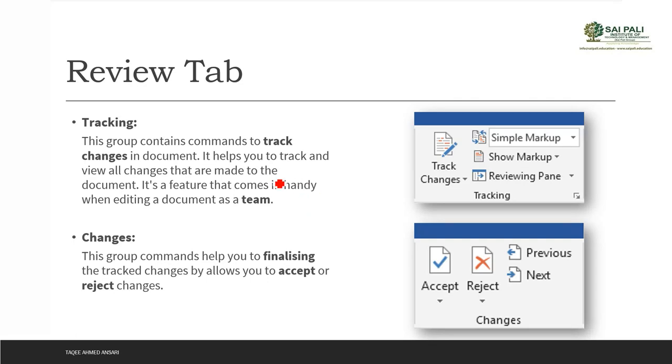Now if you say no, don't put a comment, just suggest the option to me, they can remove the text, remove the word, correct the word, and suggest that this should be done like this. The changes those persons make will not be permanent, they're just a suggestion.